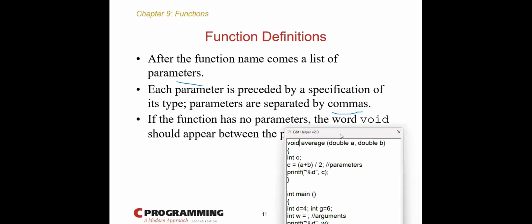So again, if you have a function that can do its job without having a parameter, something like this: A is equal to 5, G is equal to 7. Because we already have A and B, then we don't need to get A and B from outside anymore. So this function would be void.